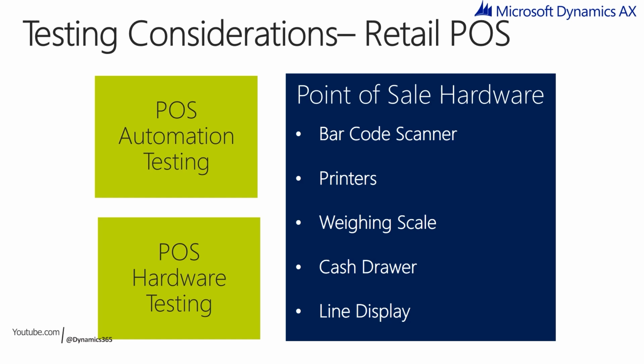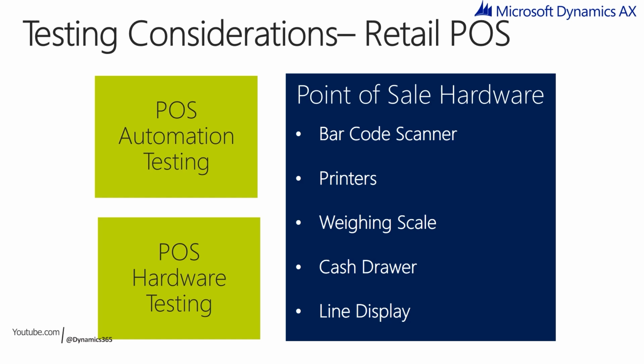The devices which are generally tested along with the point of sale are, first, the barcode scanner. Herein you need to test if after scanning any barcode, the retail POS displays the correct item number and price. Printers.